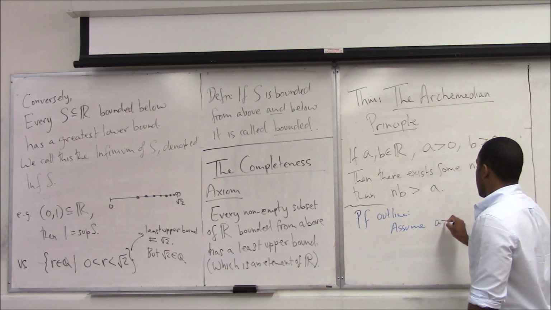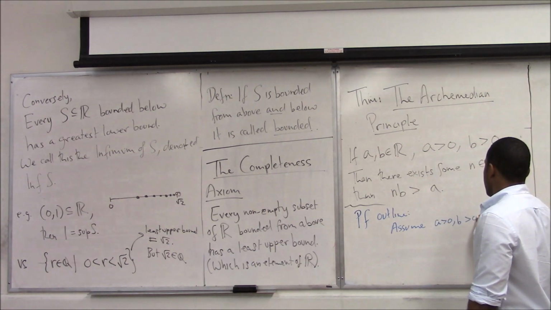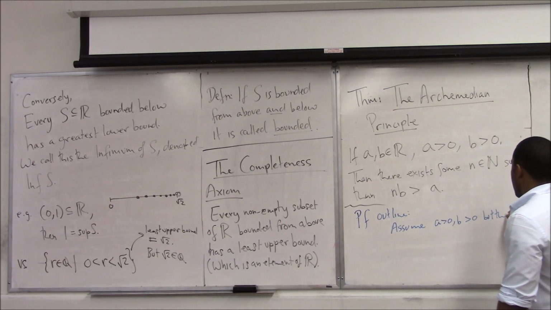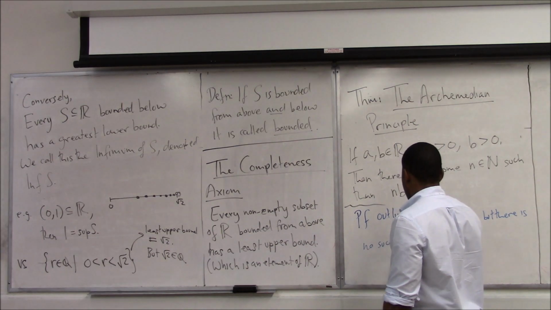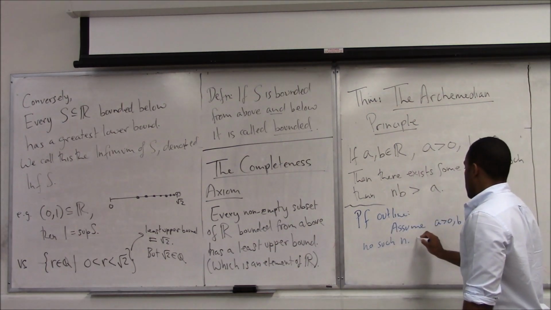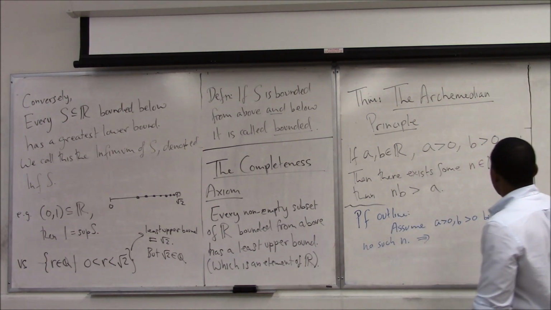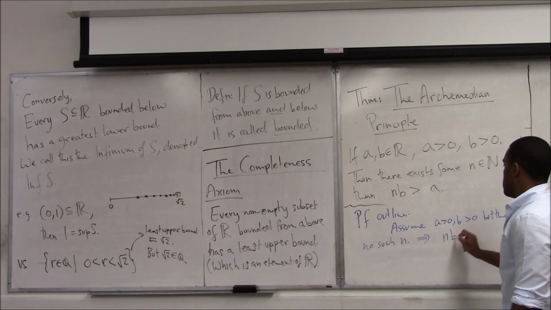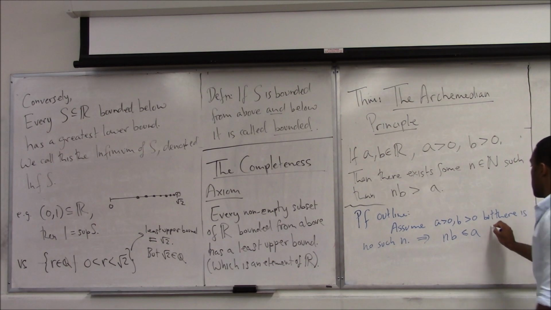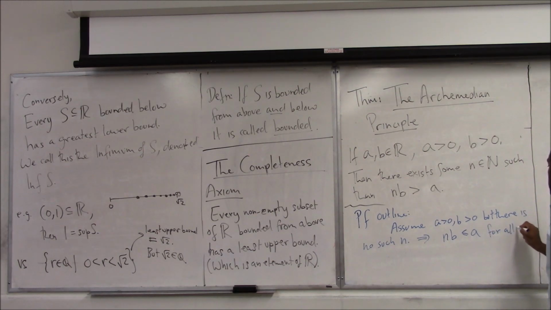Assume that a > 0, b > 0, but there is no such n. This means that n times b is less than or equal to a for all n, right?